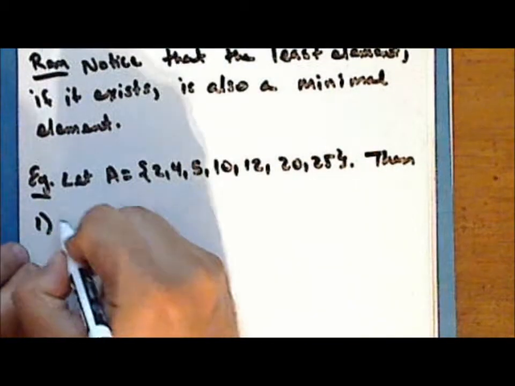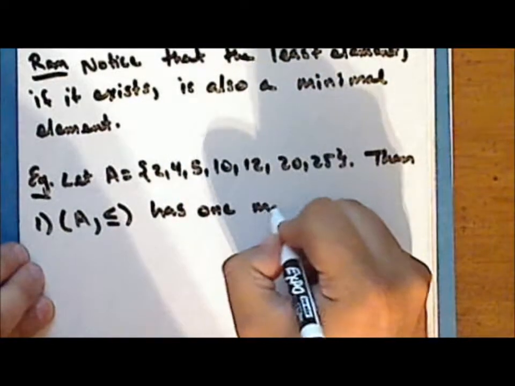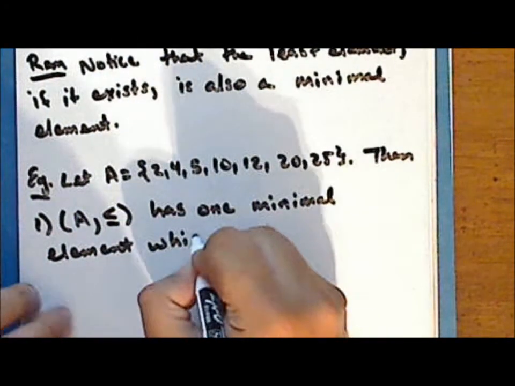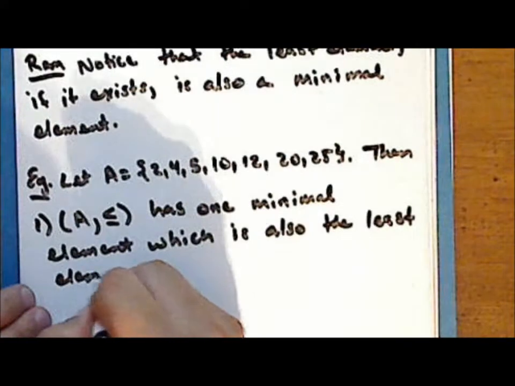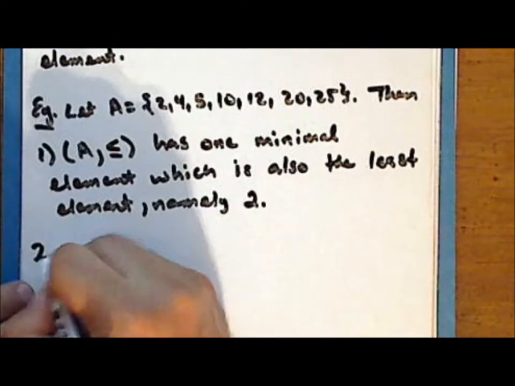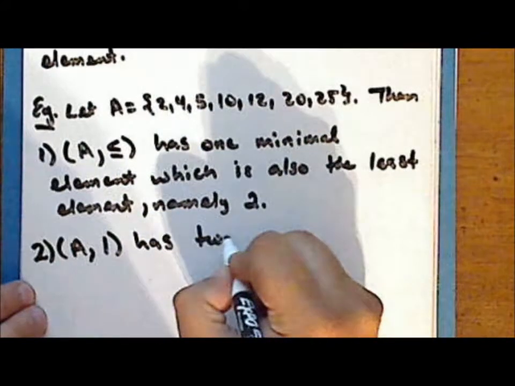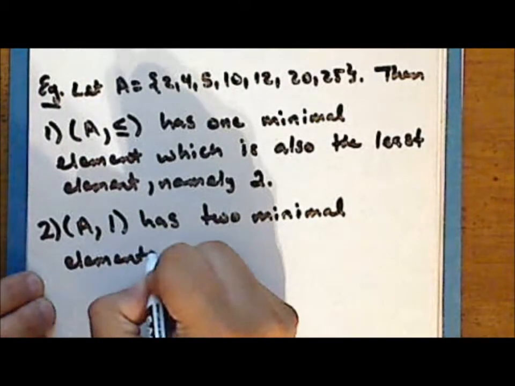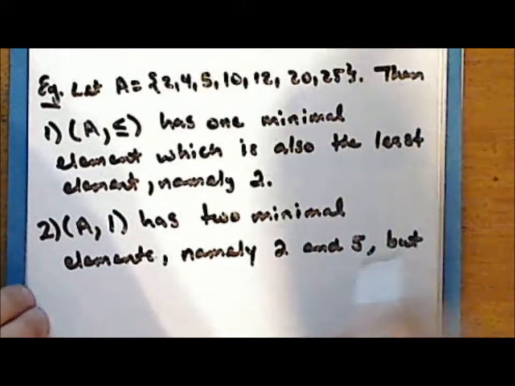Then the poset formed from the set A together with a relation less than or equal to has one minimal element, which is also the least element, namely the integer 2, and the poset formed from the set A together with the relation divides has two minimal elements, namely the integers 2 and 5, but no least element.